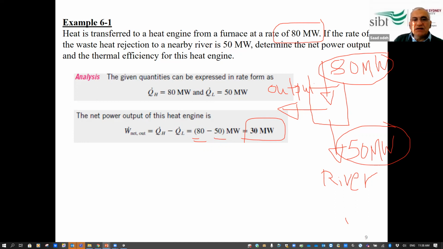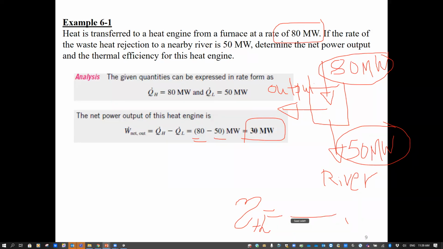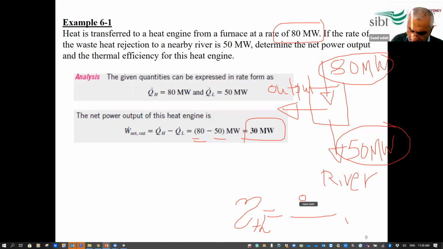Now, if I want to find the efficiency, what's the efficiency definition? What's the efficiency definition, Imran? Yeah, so what's the general definition of efficiency? We said it is output by input at 100%. That's right. Output divided by input.